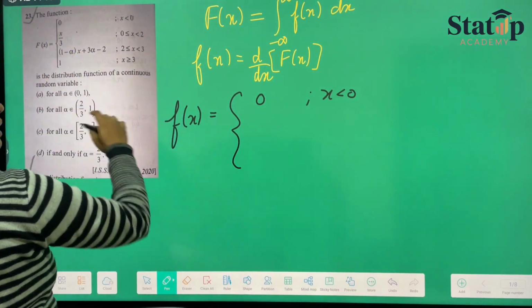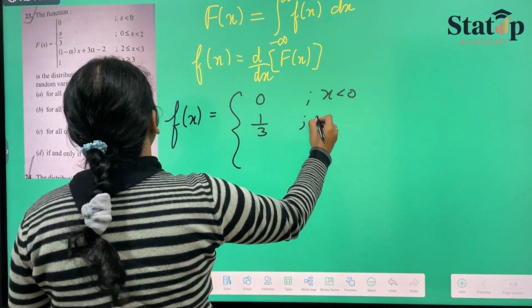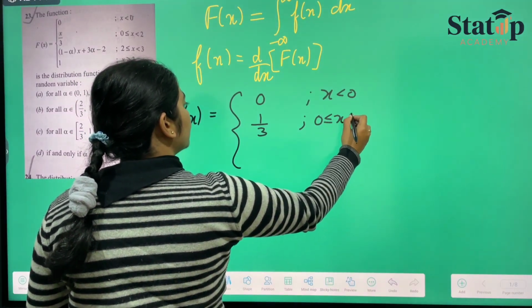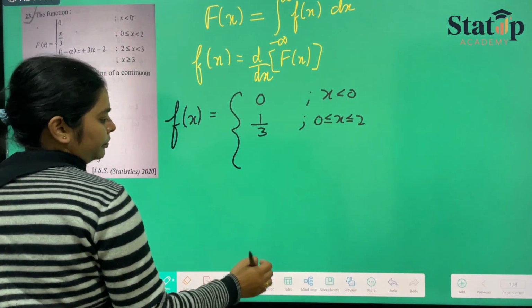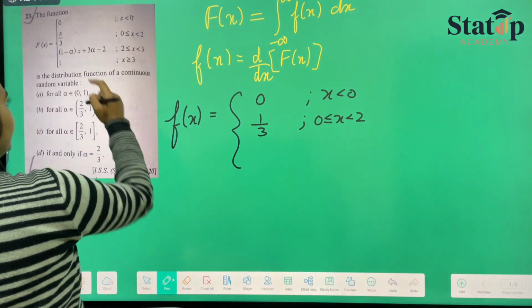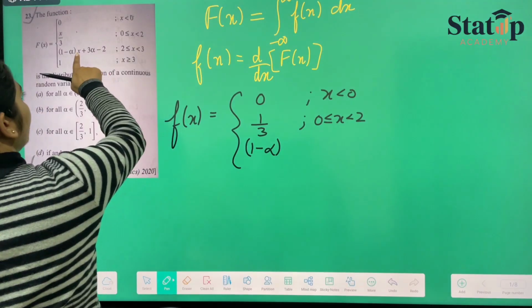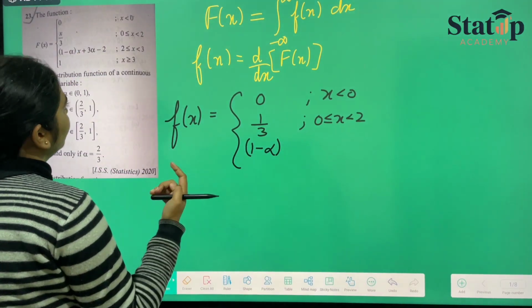If we differentiate x by 3, it will be 1 by 3 with respect to x, where the range is 0 to 2. If we differentiate the next piece, it will be 1 minus alpha only. Rest others are independent of x, so they will be 0 only.